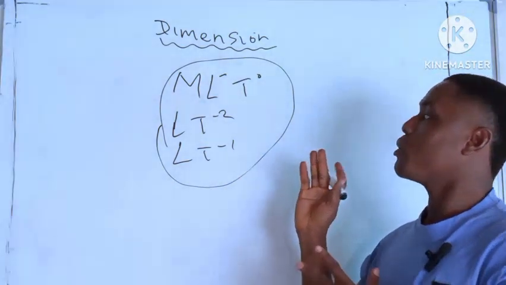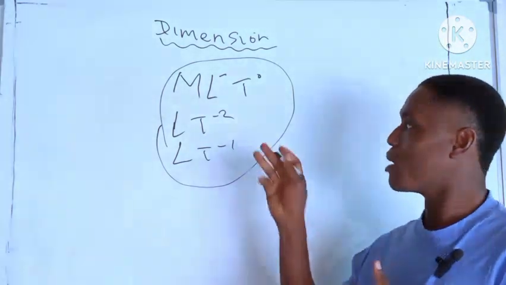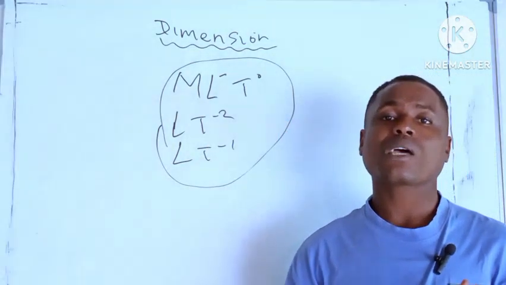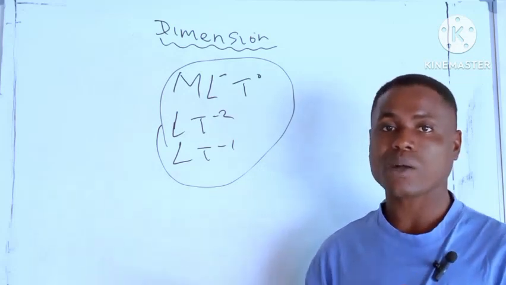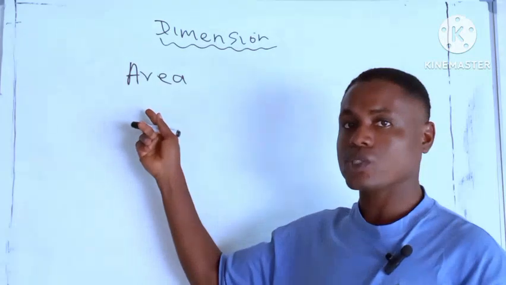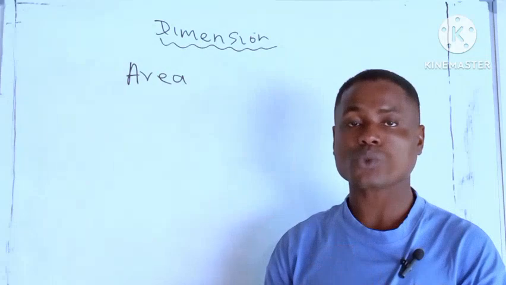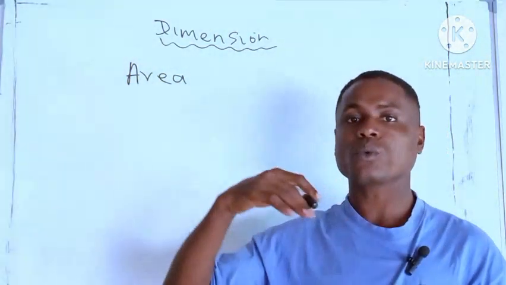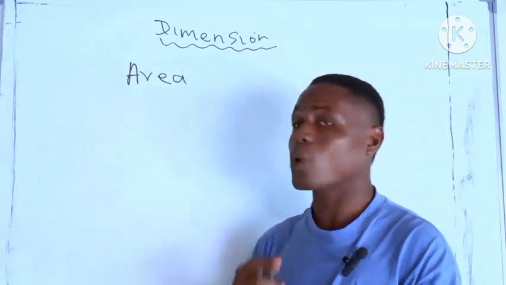So I want to explain in detail how you can calculate the dimension of any quantity, so that when you come across this type of question, either during a test or an exam, you can easily answer it. Okay, let's start with this quantity. Please, I'll be starting with the simplest ones. Gradually, we will get to more complex ones.